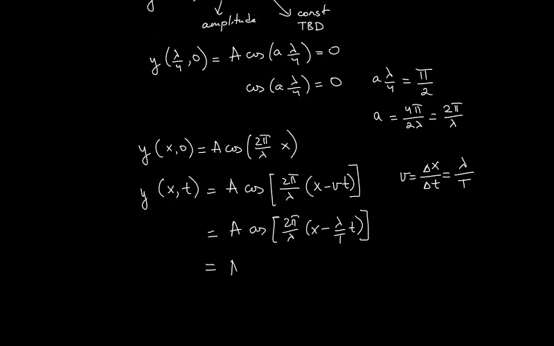So I have A cosine. I'm going to distribute 1 over lambda into the small parentheses. I would have 2 pi times (x over lambda minus t over the period T).